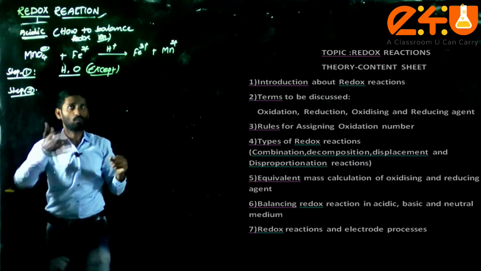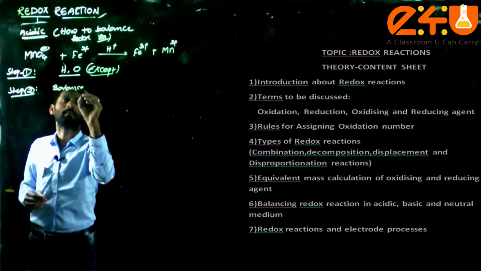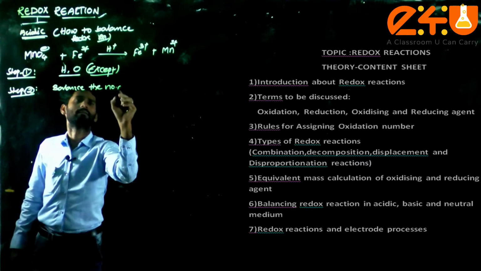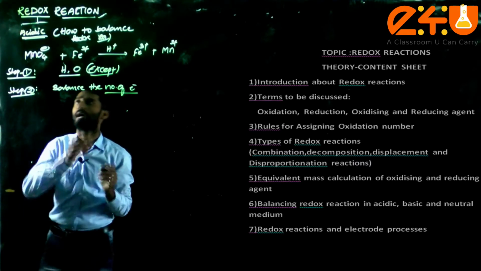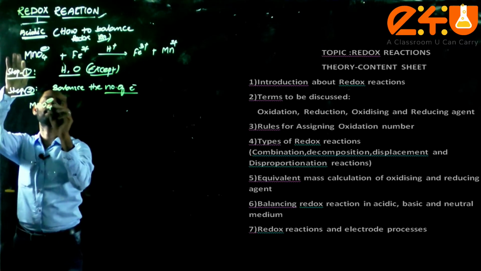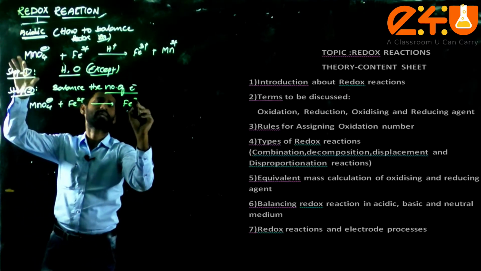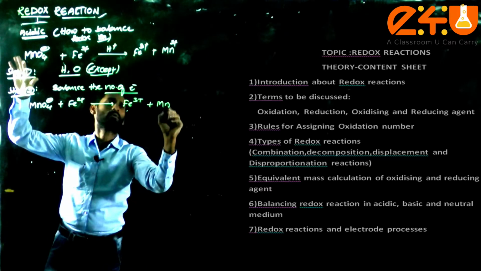Step 2: balance the number of electrons. I am calculating the oxidation state of manganese here. MnO4 minus plus Fe2 plus gives rise to Fe3 plus and Mn2 plus.